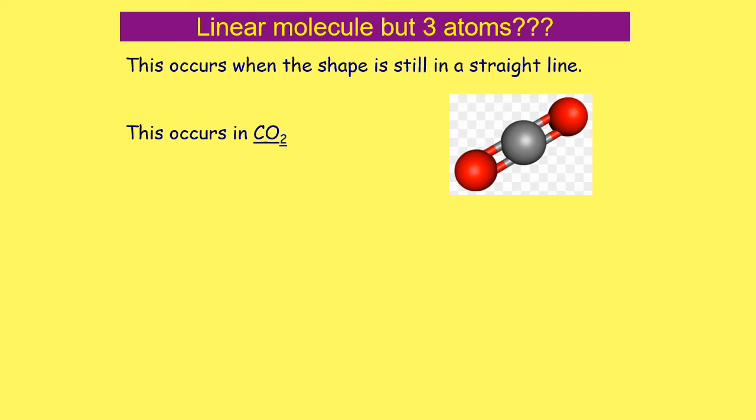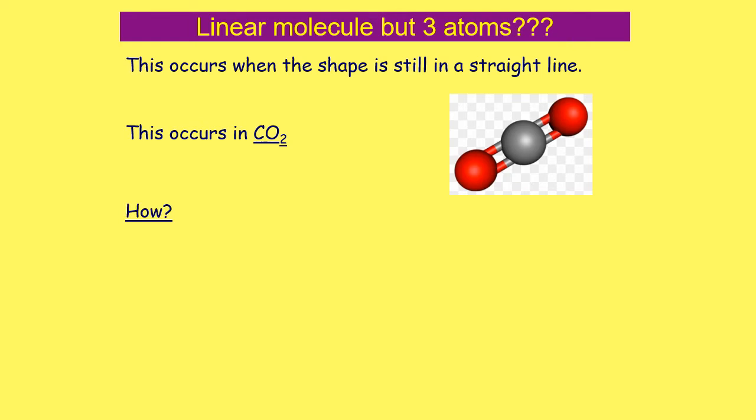So you can see we've got carbon in the middle, it's the black element, and then we have oxygens either side of it in a straight line. And you can see that 2 bonds form from each oxygen to the carbon. So that means that the carbon is forming 4 bonds in total, and each oxygen is forming 2 bonds.